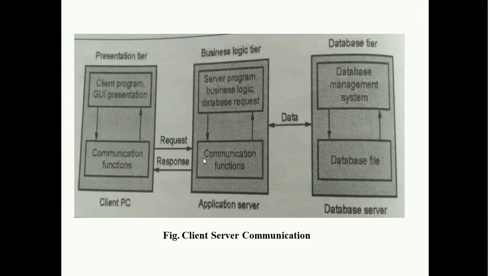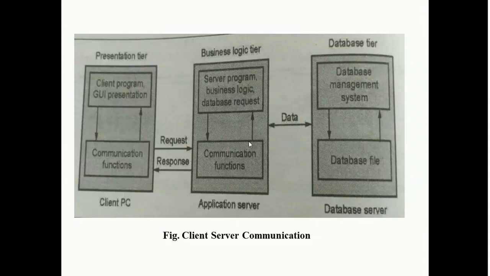Application server processes the required communication function. Means the use of the application server is to distribute the data among the application server and the database servers, and the application server processes the required communication functions.